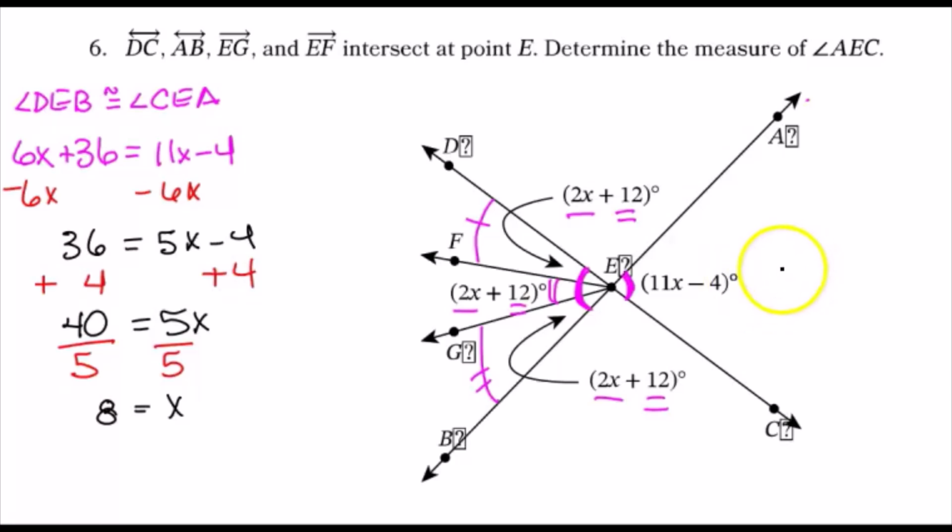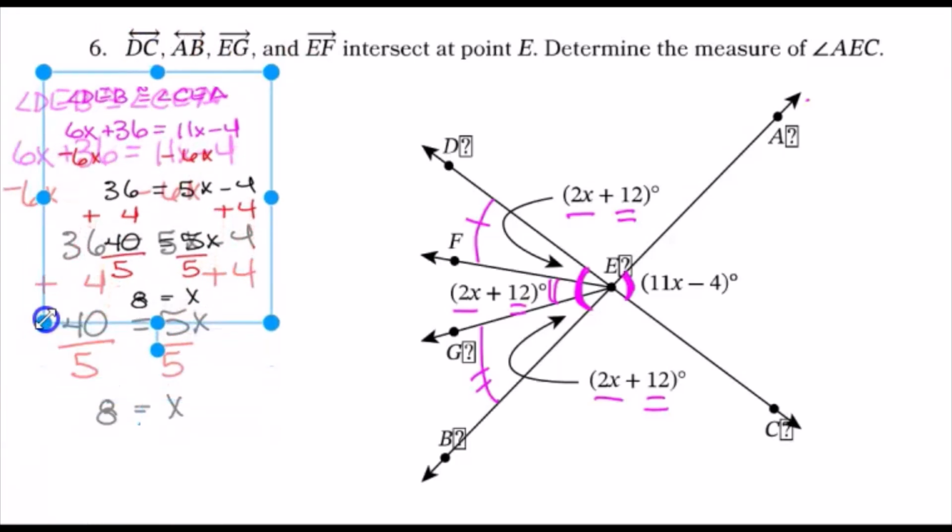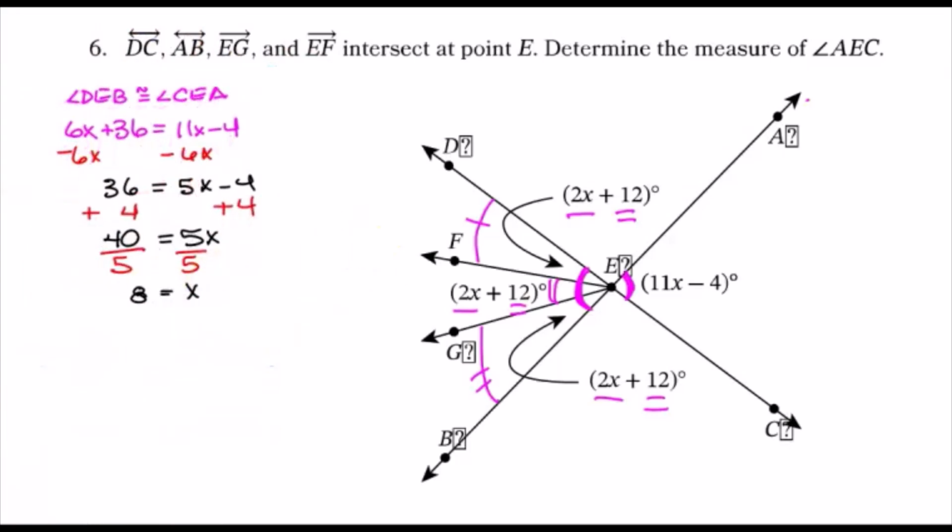Determine the measure of AEC. By the magic of technology, I'm going to shrink this down a little bit. And then I'm going to check. So 6 times 8 plus 36 must be equal to 11 times 8 minus 4.